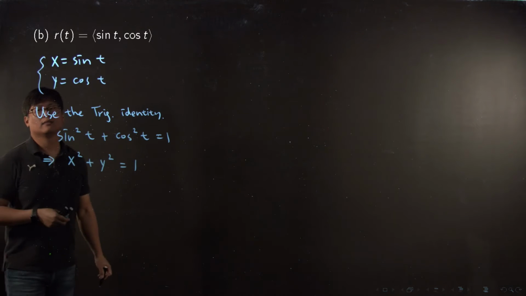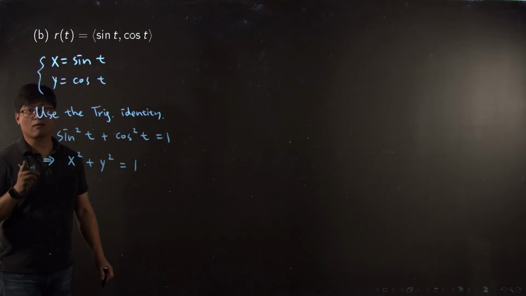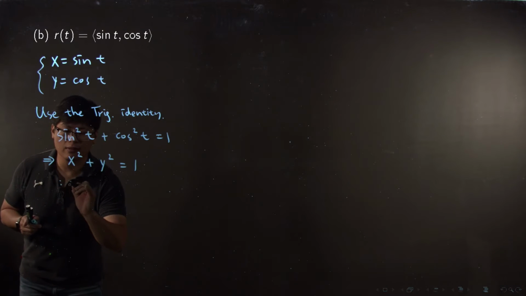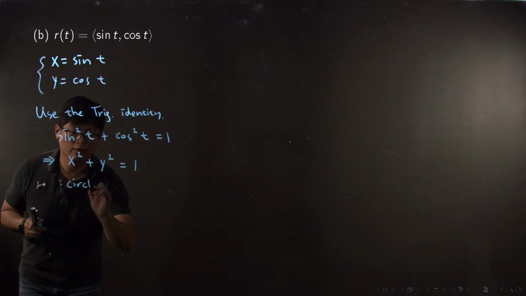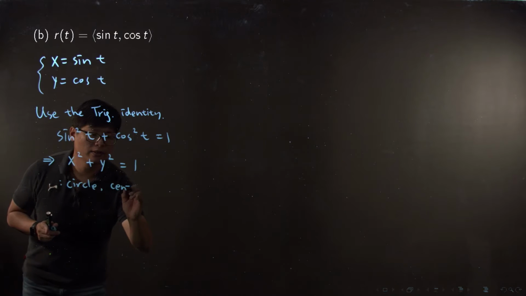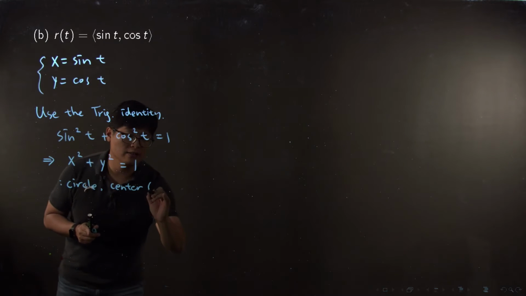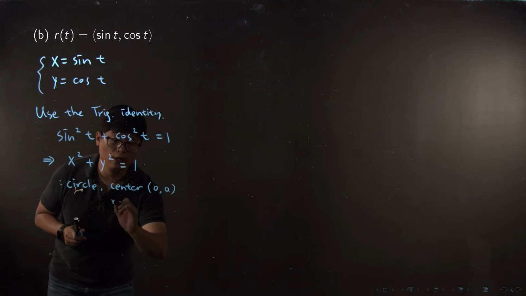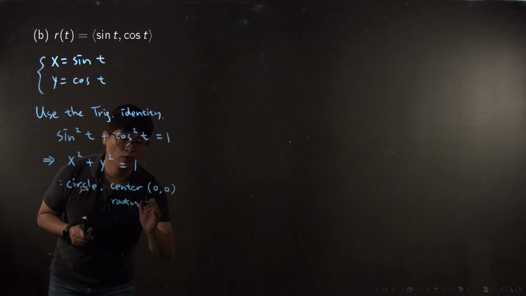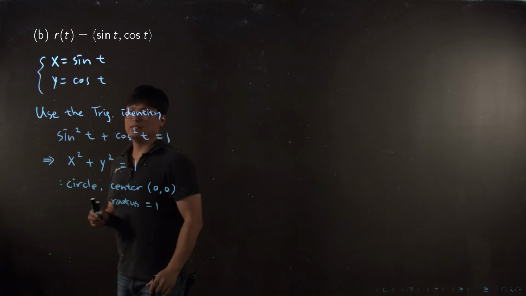What is this? This is a circle. So this is a circle equation, and we know the center is (0, 0), and we know the radius as well, which is 1. Is that clear?